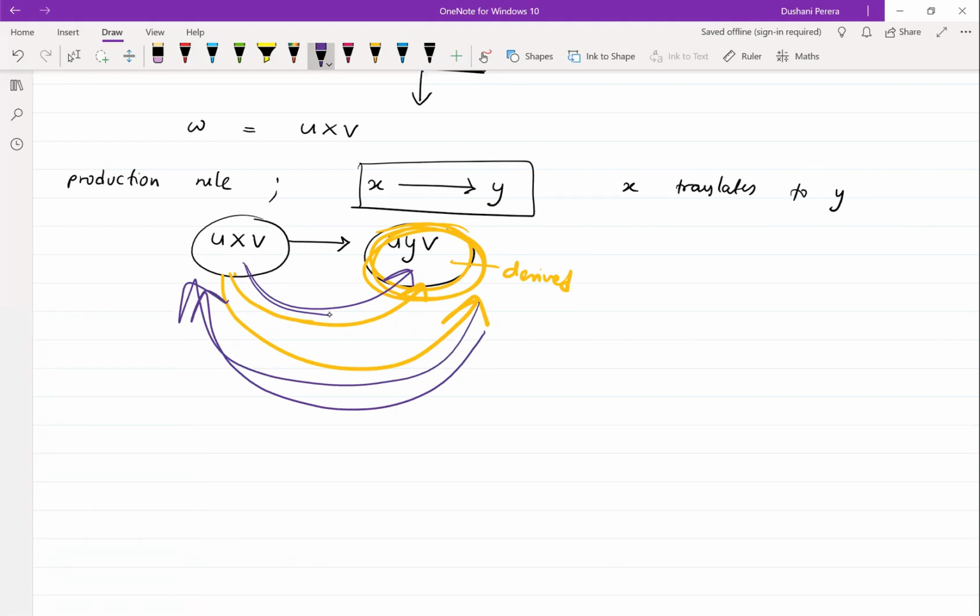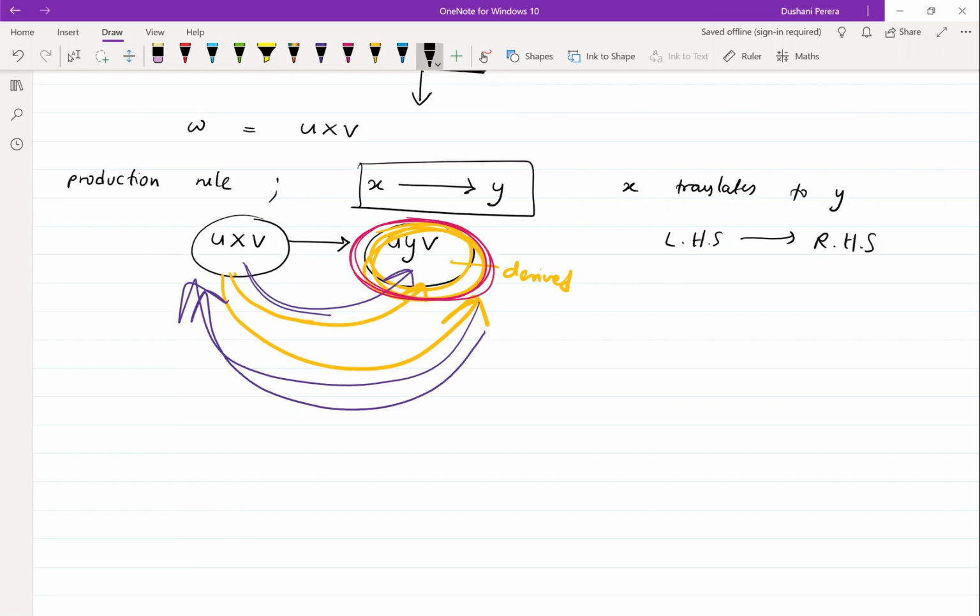Either way, this is the derivation we got. Basically, what a production rule will do is whatever is there in your left hand side gets translated to whatever is in the right hand side.